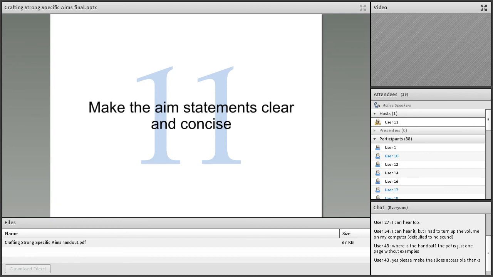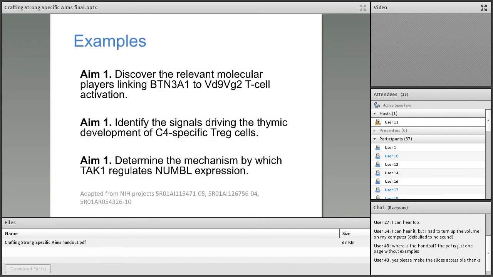So last but not least, make sure the aim statements are clear and concise. The Grant Application Writer's Workbook recommends writing the aim statements as brief, informative, attention-getting headlines. So let's look at some examples. These are simple and clear aim statements from 3 different proposals. So they're short and sweet.